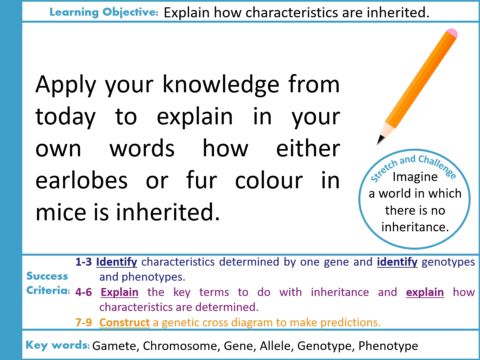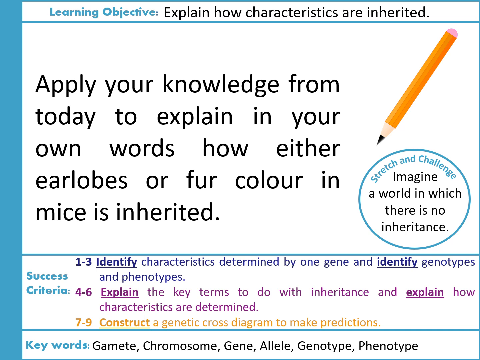So what I want you to do now, please, is to explain in your own words how earlobes, whether they're attached or detached, and also fur colour in mice would be inherited. So we've got some success criteria at the bottom there. We've got identifying the characteristics determined by one gene, and mentioned there the genotypes and the phenotypes.